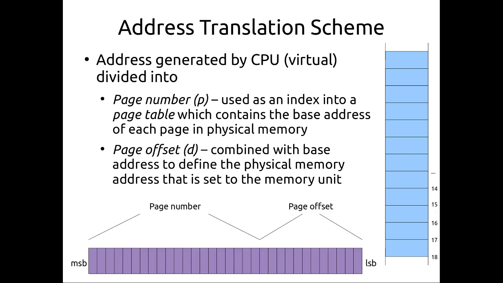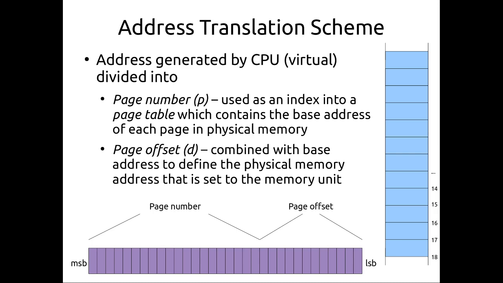Now, a more concrete way to think about these page numbers and page offsets, really shown here, is that if we look at a 32-bit address, this is a bit field where each of the boxes is a bit in an address. If we look at the least significant bits, then a certain number of them designate the offset into the page that we're accessing, where the rest of them, the most significant values, designate the page number that we're accessing. And it really depends on the page size, how many bits are in each of these categories.